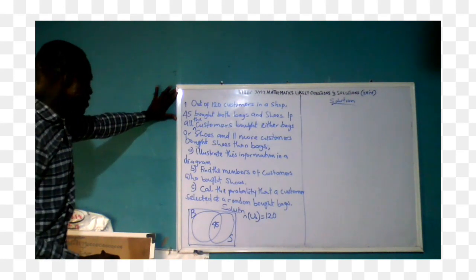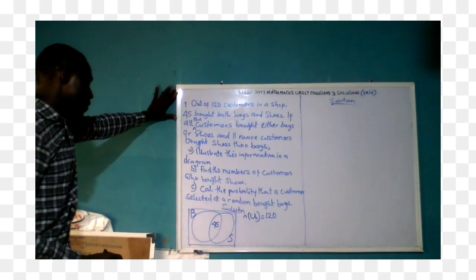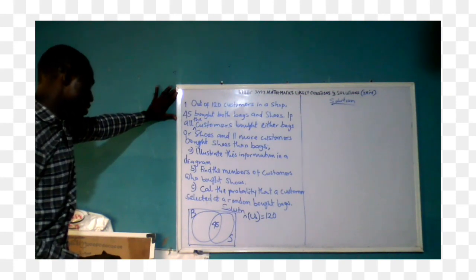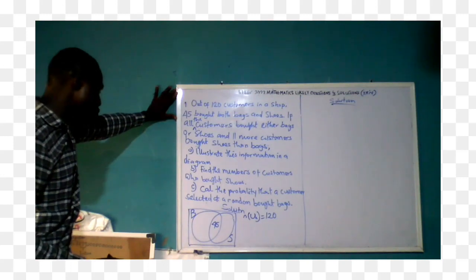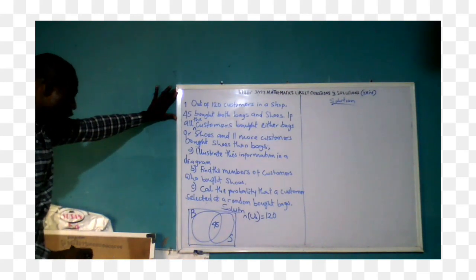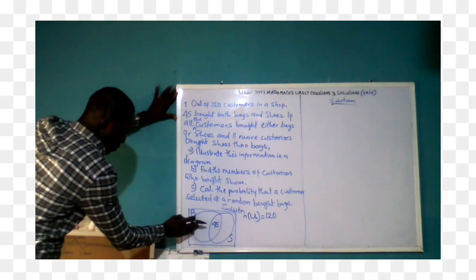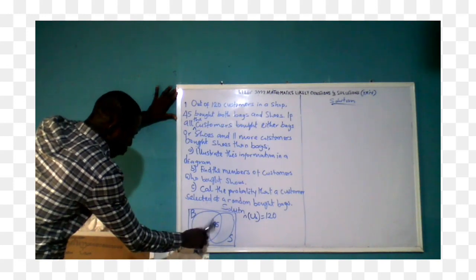Going further, we are told that all the customers bought either bags or shoes, and 11 more customers bought shoes than bags. Now, the region of bags only is this region. And for us to get bags only, don't forget that these 45 people bought both bags and shoes.